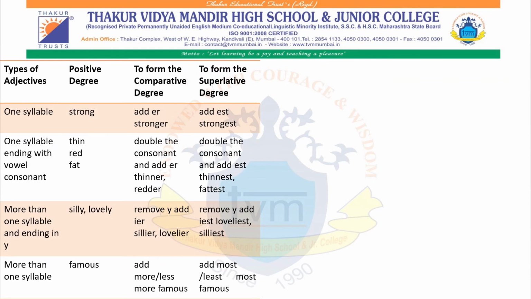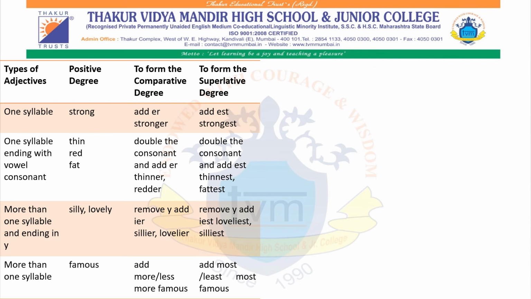Table of rules for constructing the comparative and superlative degree of adjectives and adverbs that you need to learn. Types of adjective: if it is one syllable, that is, when we pronounce it in one go, such as strong, we add er for comparative, est for superlative.